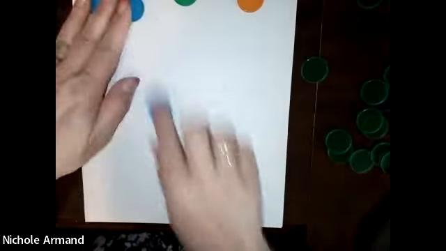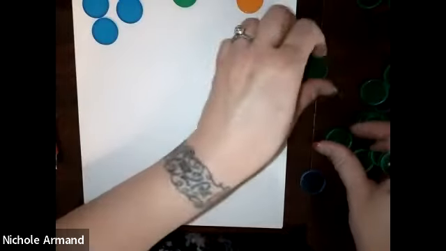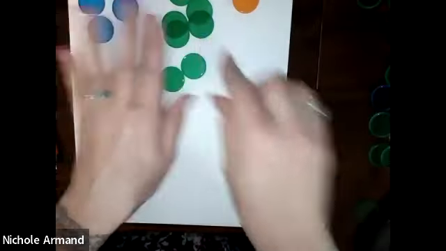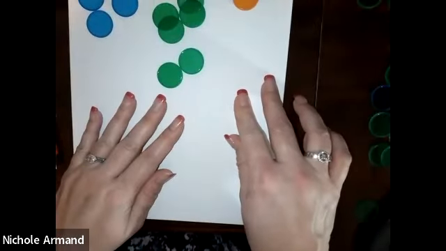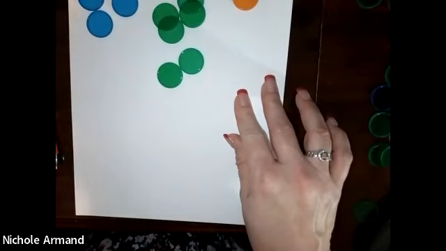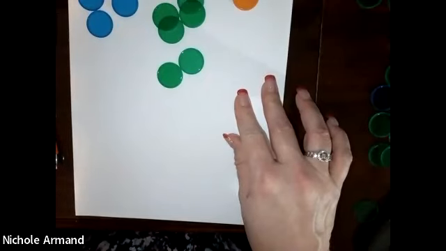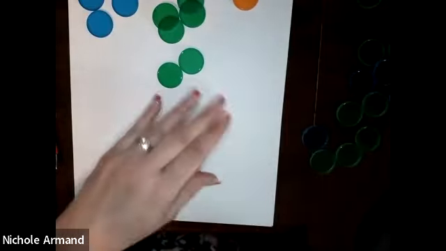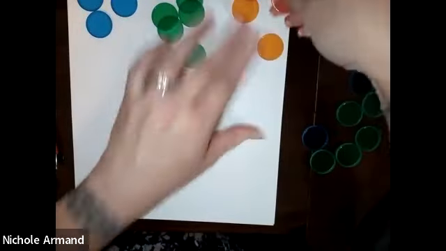So we have 300, 3, 4, 5, 7, and what did I say we were doing? 375, so I need 5 orange ones. Boy, these chips are going everywhere under my computer. 1, 2, 3, 4, 5.